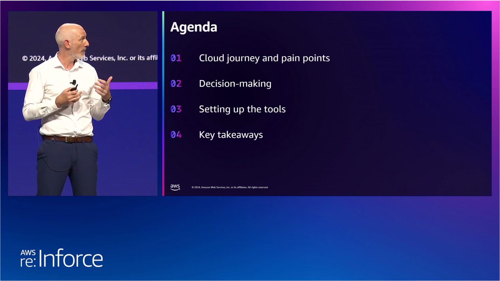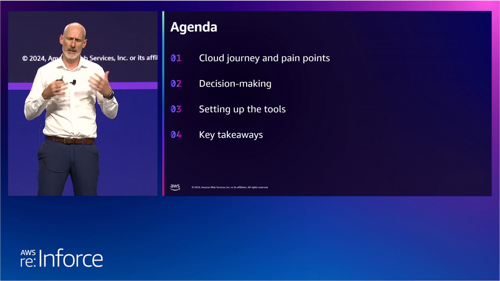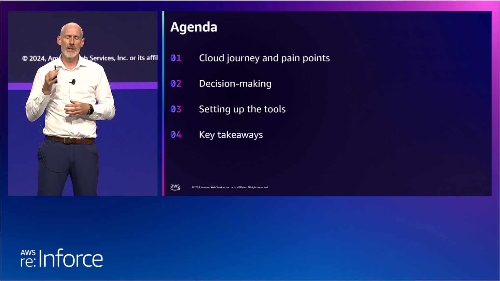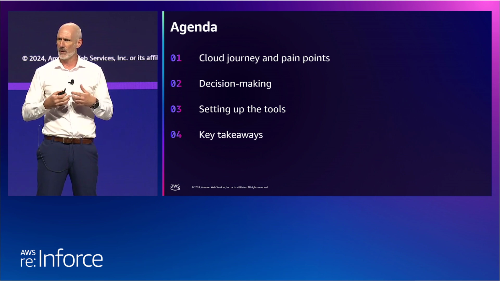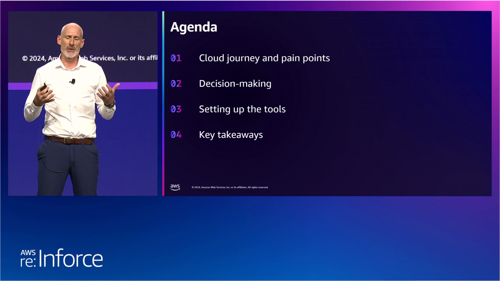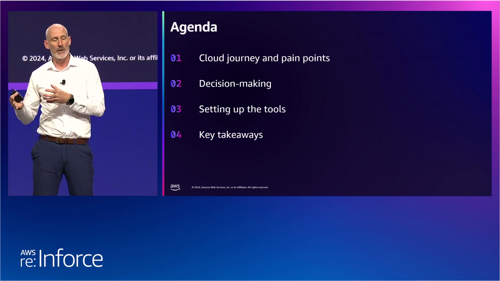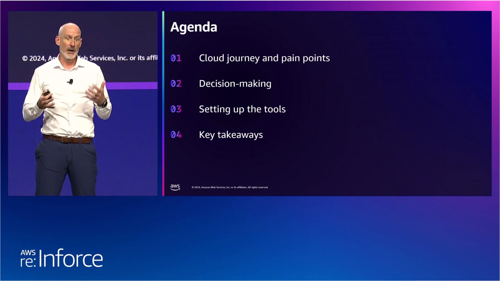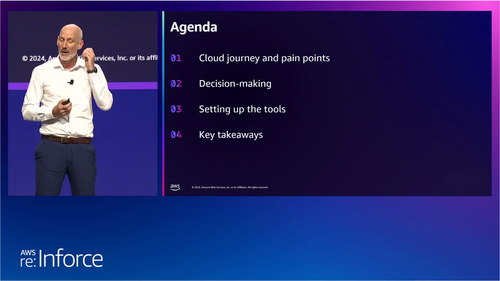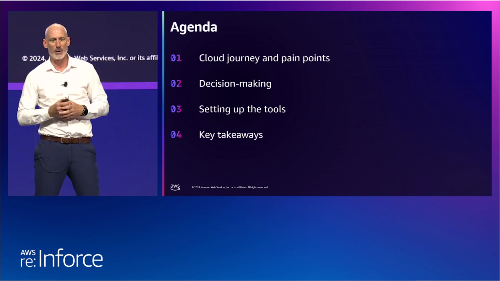So I'm going to talk through the pain points we were seeing in our cloud journey, the decision making we took when we were going to adopt these tools, what we did when we set up the tools, and what we configured after they were enabled. And finally, hopefully, I'll give you some key takeaways that you can take back and smooth out your own journey.